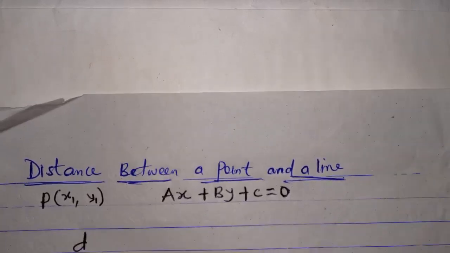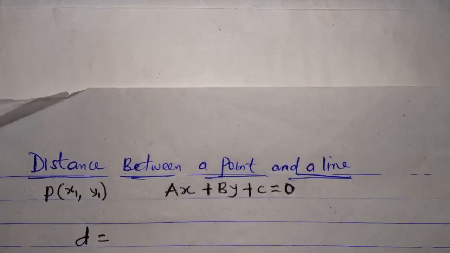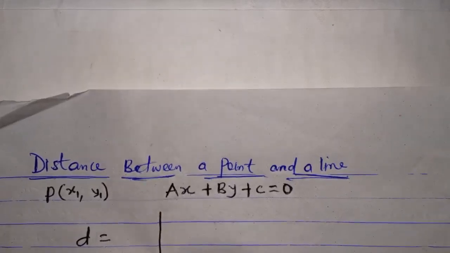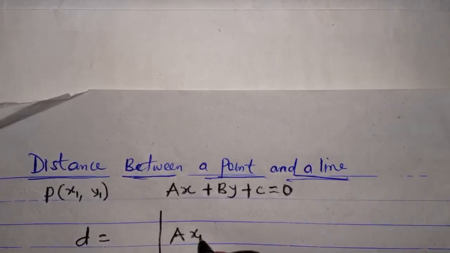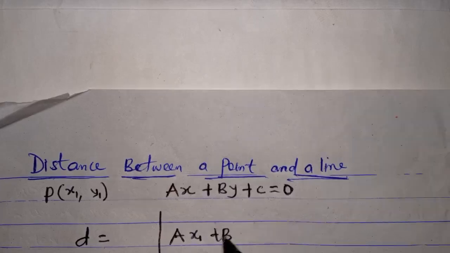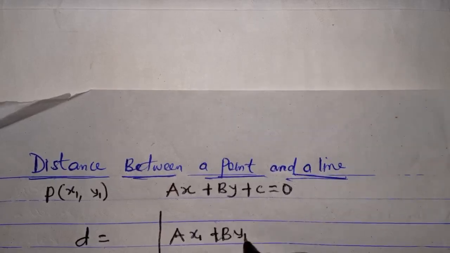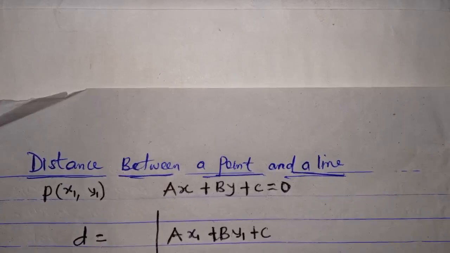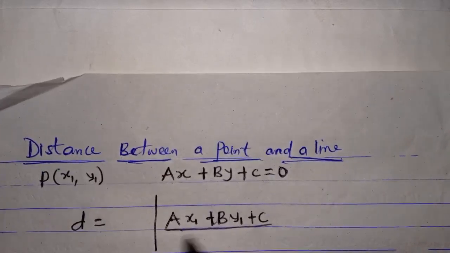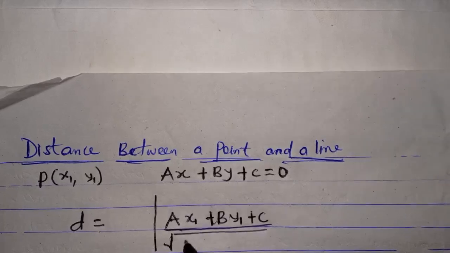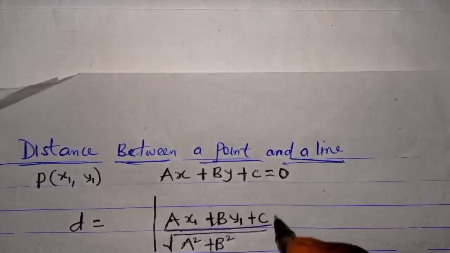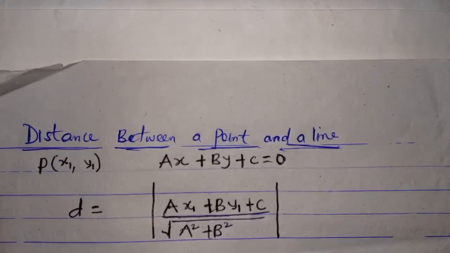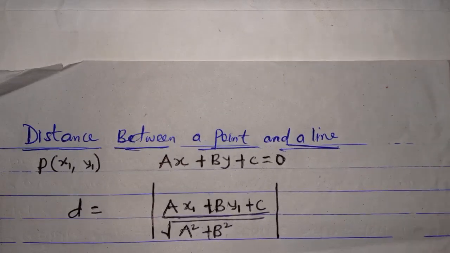The distance is the modulus of (ax1 + by1 + c) divided by the square root of a squared plus b squared. We use this formula to determine the distance between a point and a line.